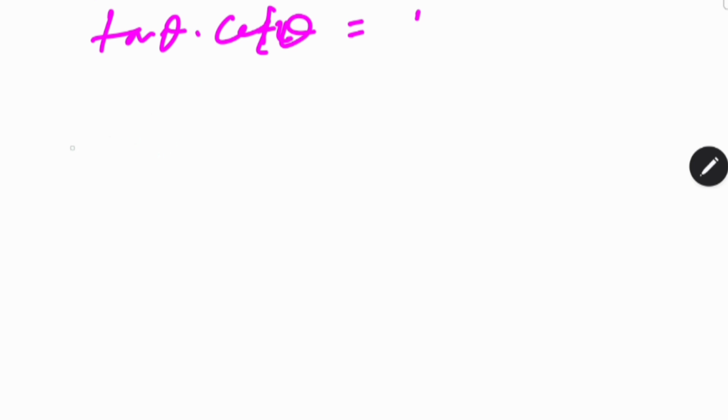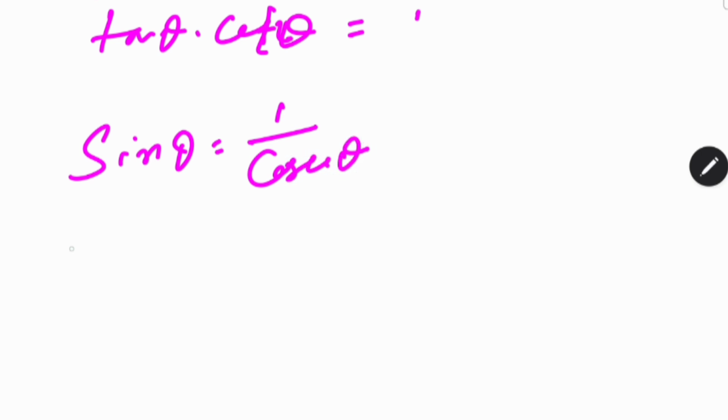In the same way, we know sin theta is equal to 1 by cosec theta, and we also know that cosec theta is equal to 1 by sin theta.